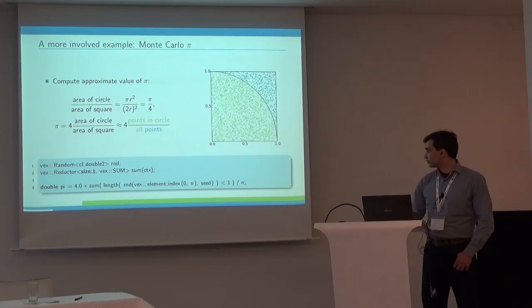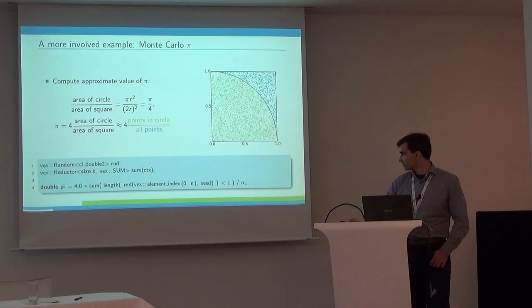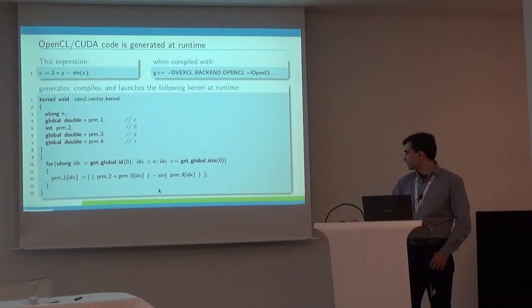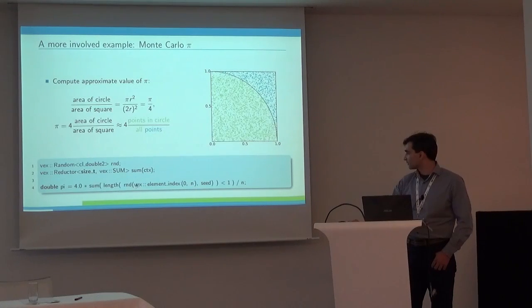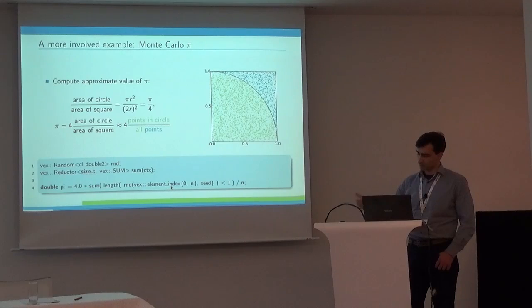Okay, and you do this with this simple expression. So you start with the element index of your vector element. So it's just the position of the element inside the vector. Then you feed this expression into this random number generation function. This is a lazy function.